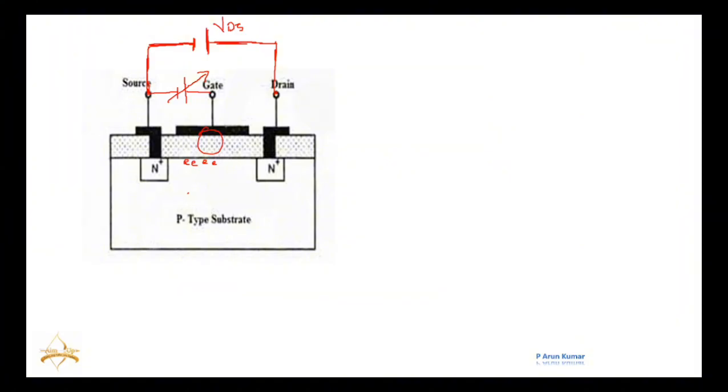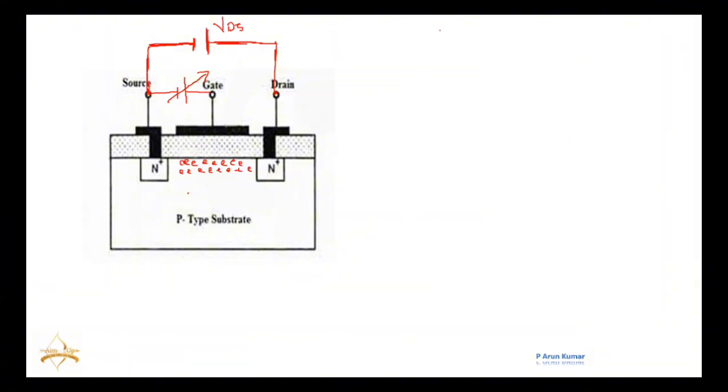The thing is that by giving this positive voltage, it will try to attract the electrons from the P-type substrate. If I slowly increase this gate voltage, it will attract more electrons into this channel. In that way, we can increase this channel path by increasing this VGS.